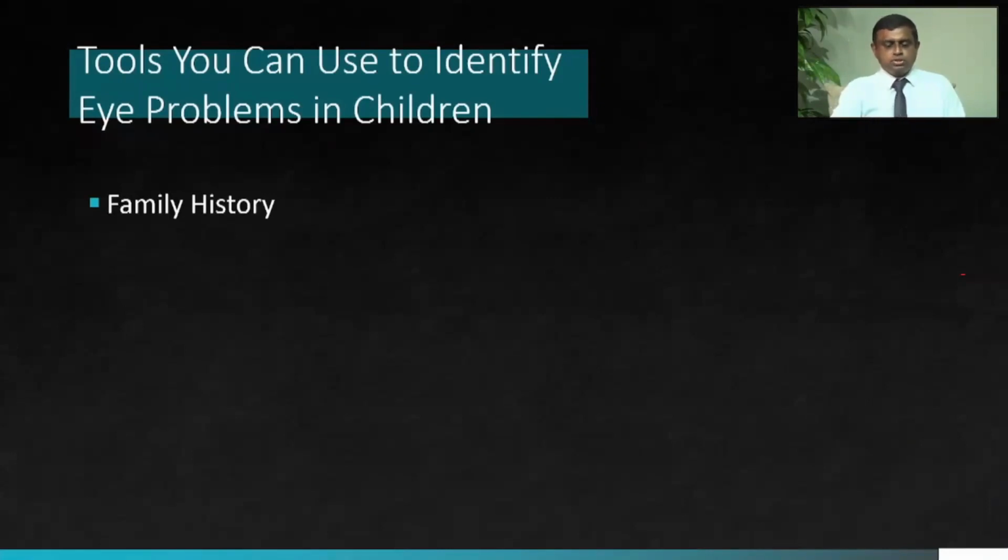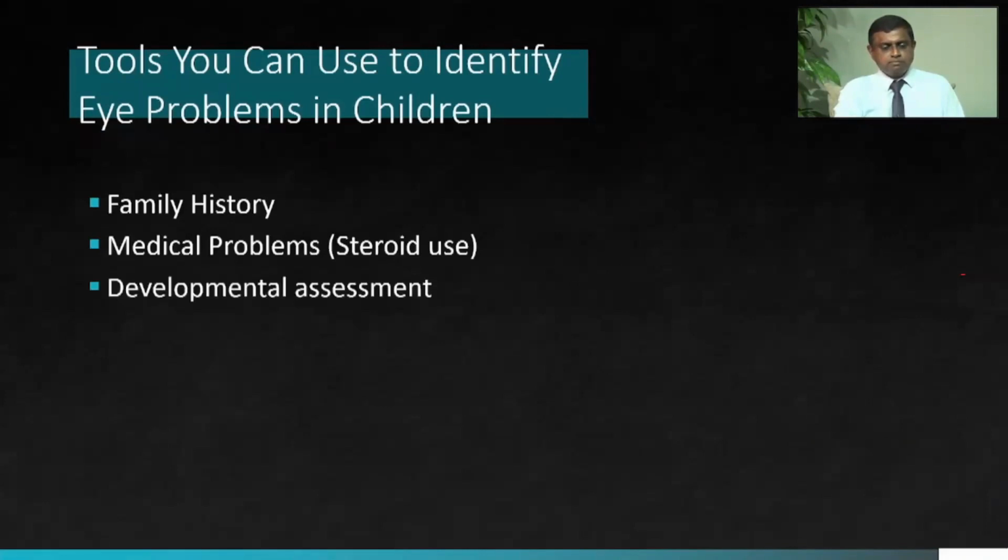Particular clues towards eye problems are, particularly, family history. You can ask from the patient. And if the patient has particular medical problems like nephrotic syndrome, which warrants the patient to use steroids for a long time, it can lead into eye problems. Then certain causes of developmental delay can be linked to eye problems.